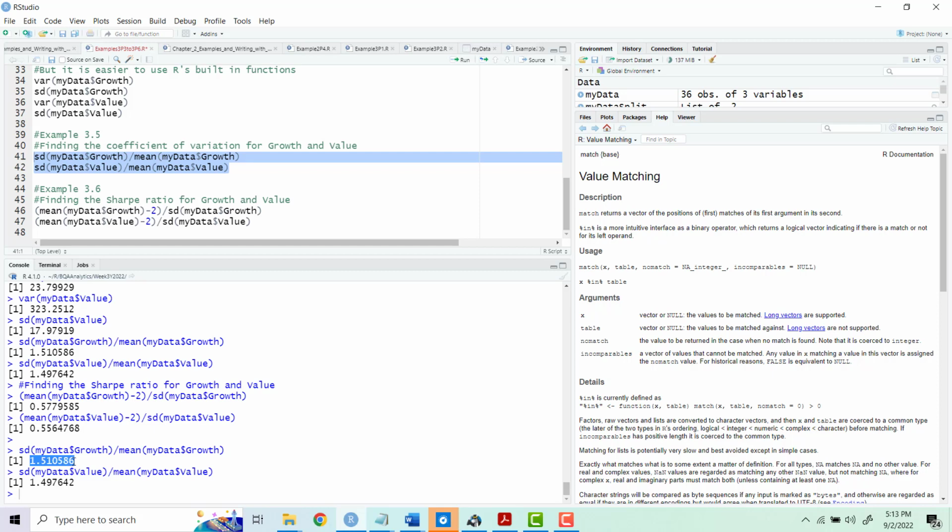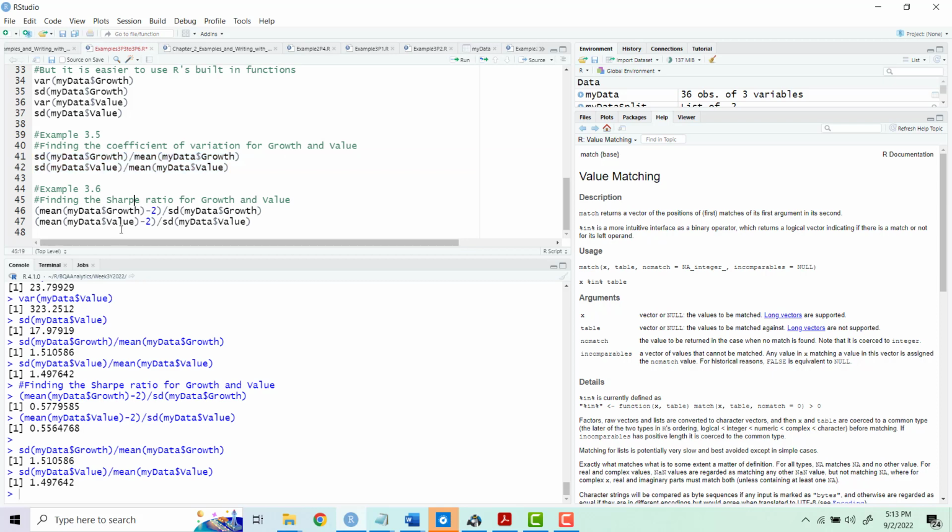You can see it was 1.51 for growth and almost 1.5 for value. So the risk in the return for growth, relative to the mean annual return, is slightly more than for value.